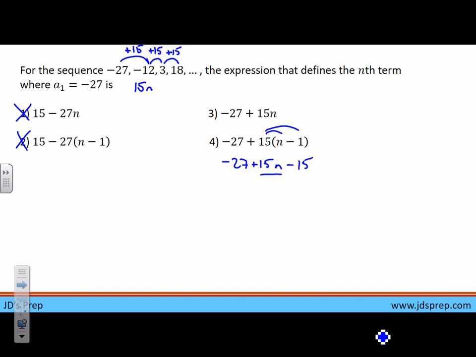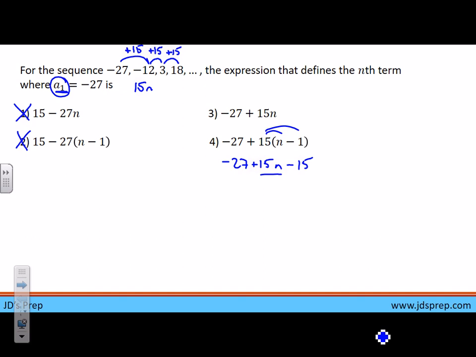The only thing I need to decide yet is which one of those two gives me the value a1 equals -27, where n is 1. And to do that, we can just plug in n equals 1 to both of those expressions.